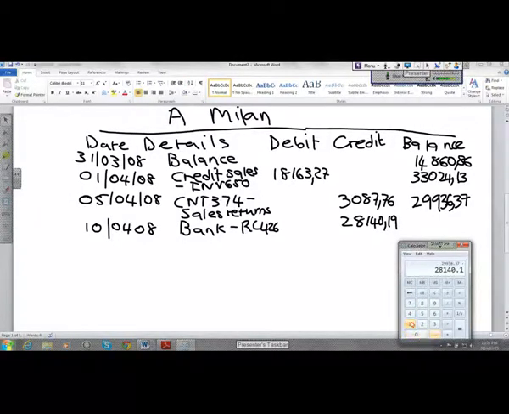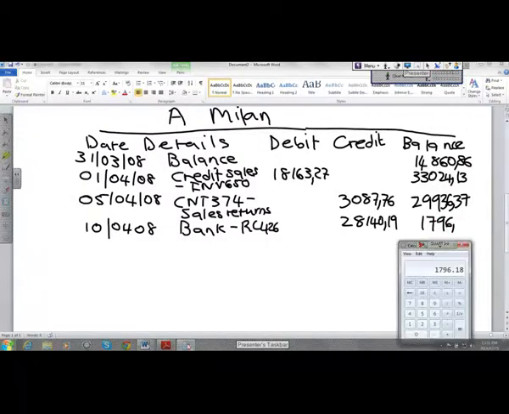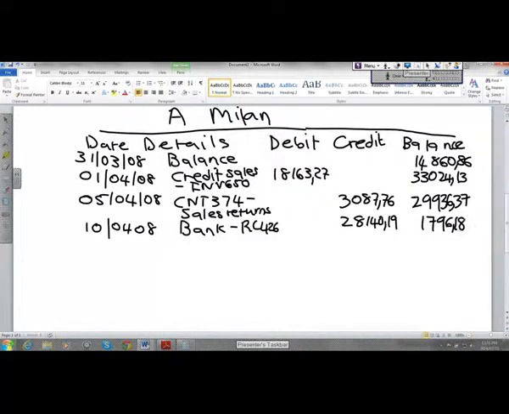Then we have our updated balance of 1796.18. Okay, so that's our new balance. So we move to the next one.